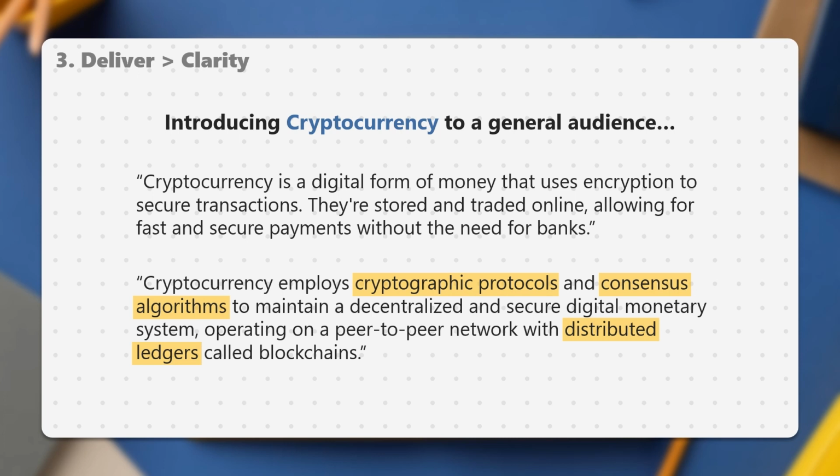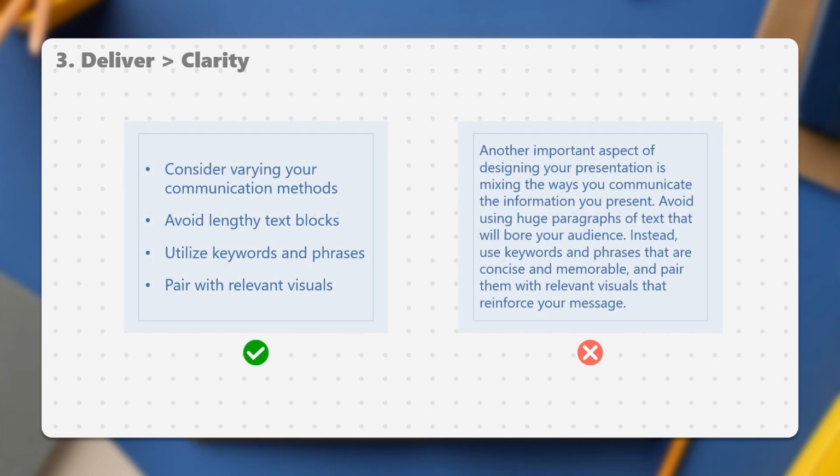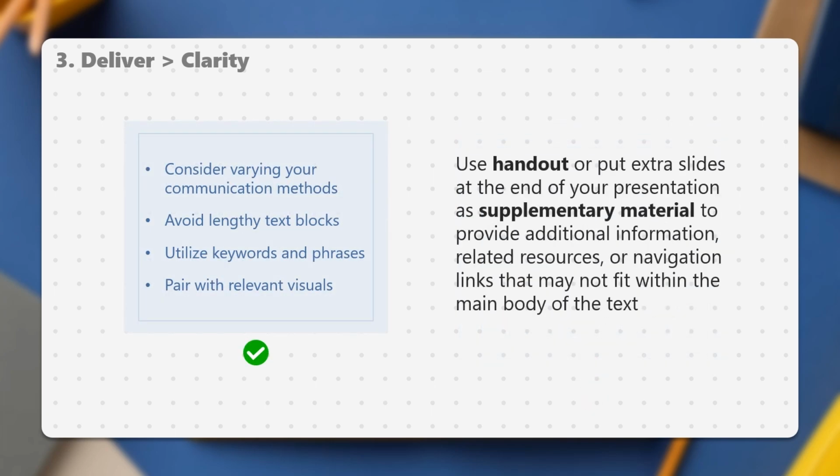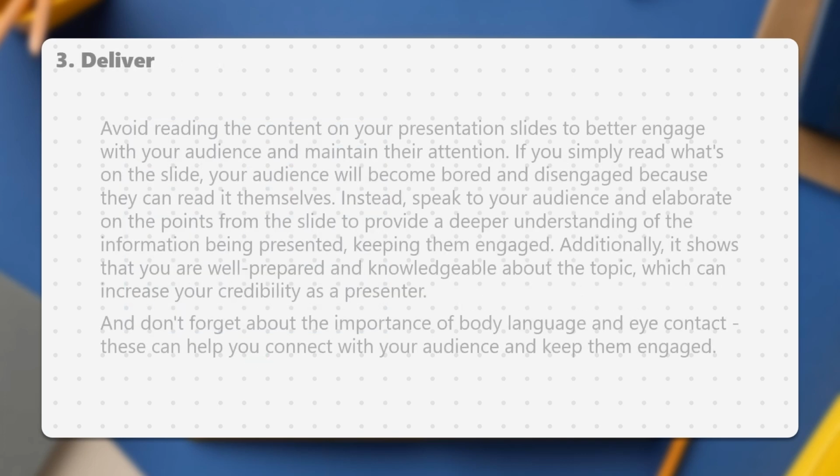As we addressed previously, one common mistake people make when delivering content is using too much text. And if you need to go into more detail, consider creating a handout or supplementary material your audience can refer to. It is recommended to avoid reading the content on your presentation slides to better engage with your audience and maintain their attention.